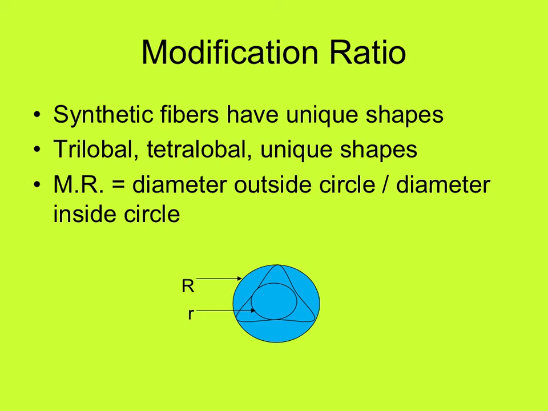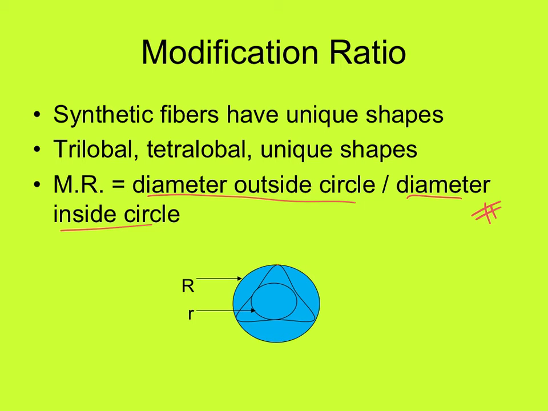Now, as we look at the synthetic fibers, they tend to have very unique shapes. Most of them are going to be trilobal or tetralobal. And so we can get a number, or a modification ratio, because you know we're scientists, we like to have numbers for things, and we could go to a chart and compare it. When looking at that, we could calculate the diameter of the outer circle of the fiber divided by the diameter of our inner circle.